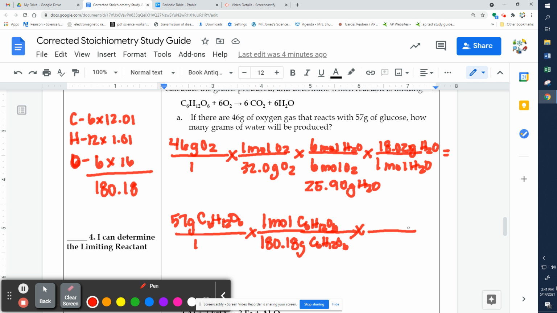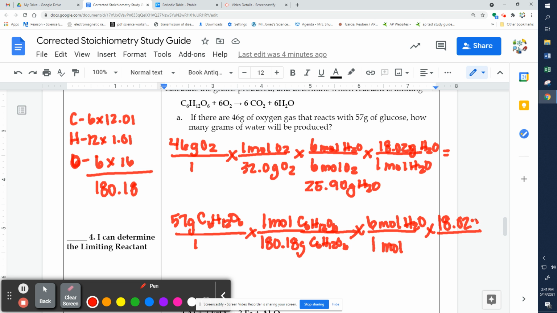In our next step, we're using our mole ratio. For our C6H12O6, it is 1. On top, we are going to water again, so the rest of this equation is the same as the top one. 6 moles of water. Our last step is to get to grams of water.